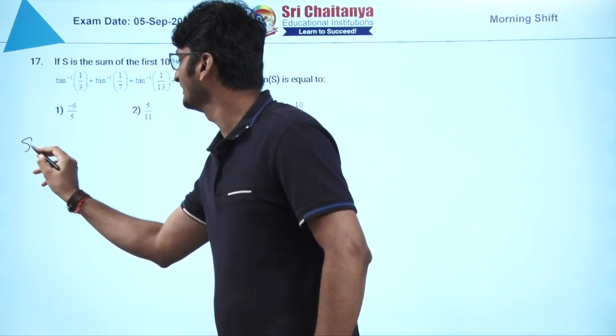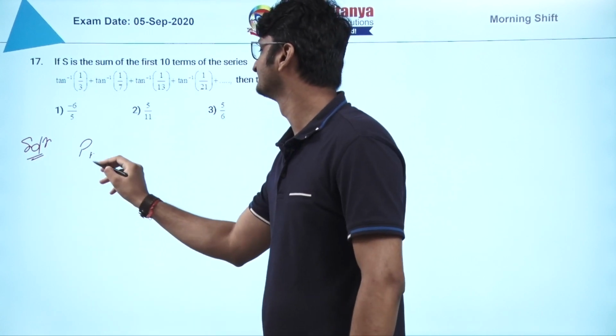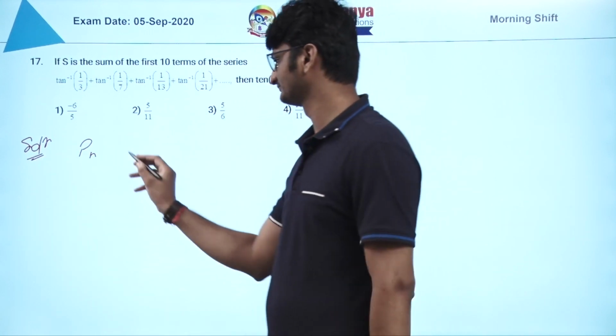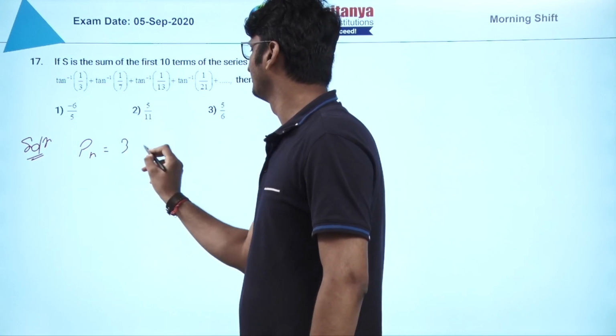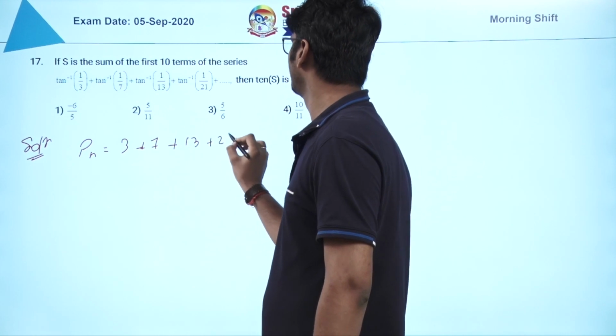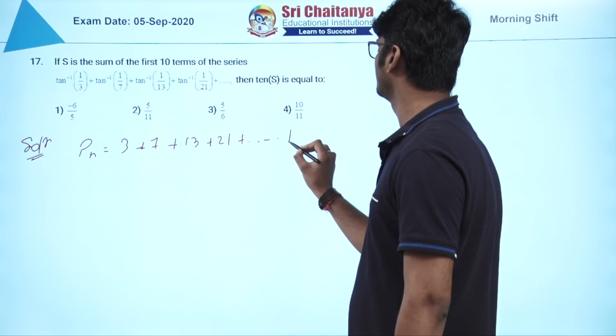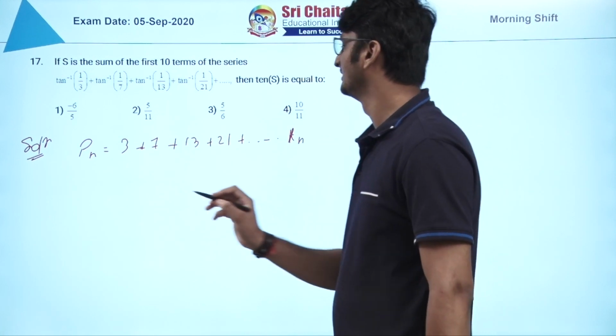See here, suppose I am constructing a new series, let it be Pn, 3 plus 7 plus 13 plus 21, let the last term be small tn, correct.